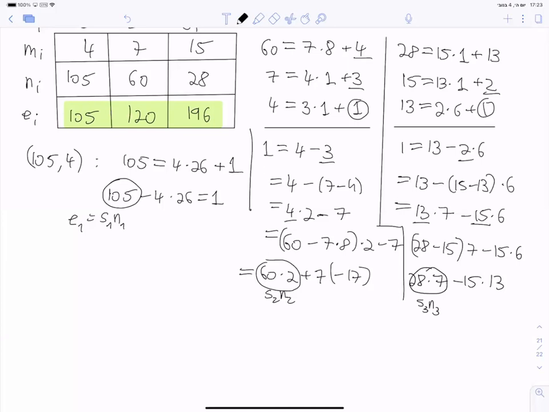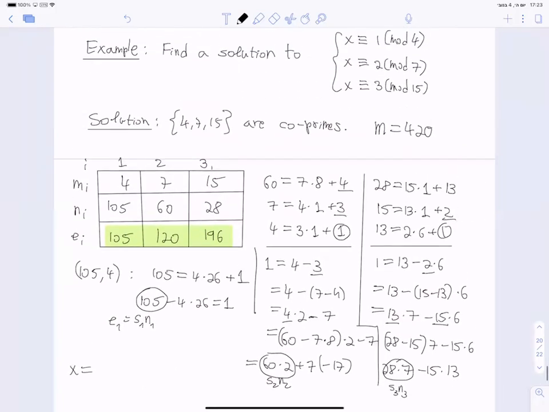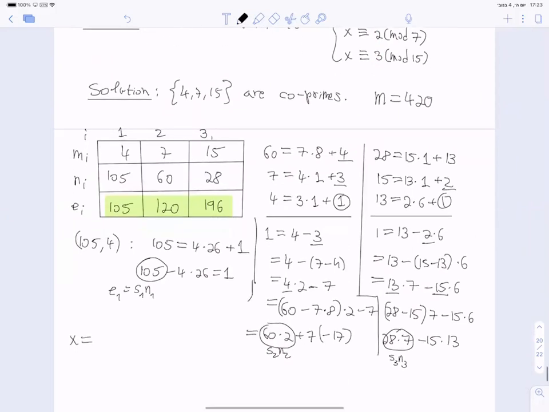So the only thing that remains to do is find x. We had 1, 2, and 3. So it's 1 times 105 plus 2 times 120 plus 3 times the third one. And now, of course, we take the least representative. I mean, we remove 420 from this.